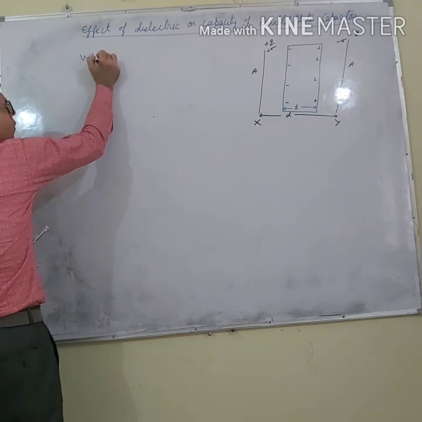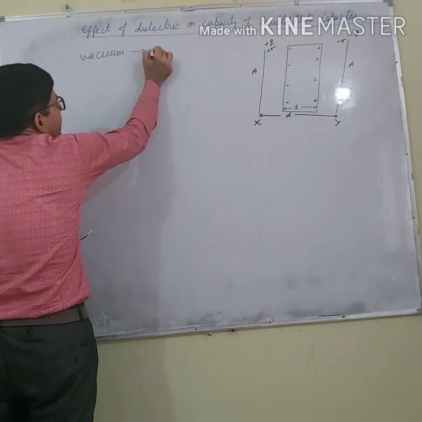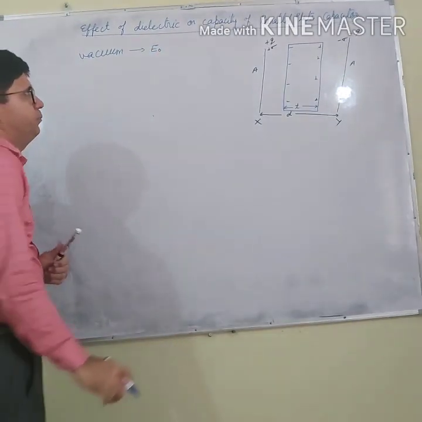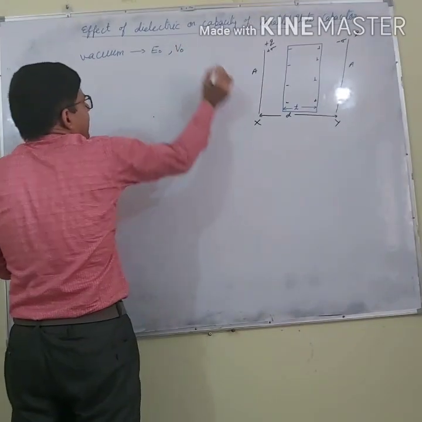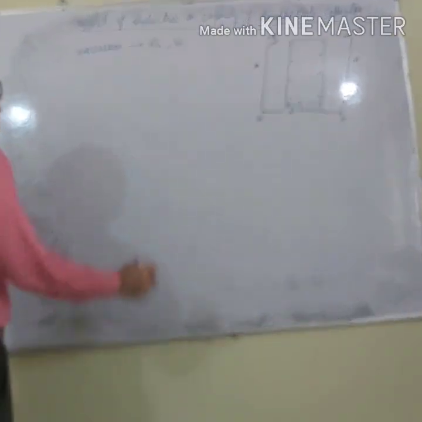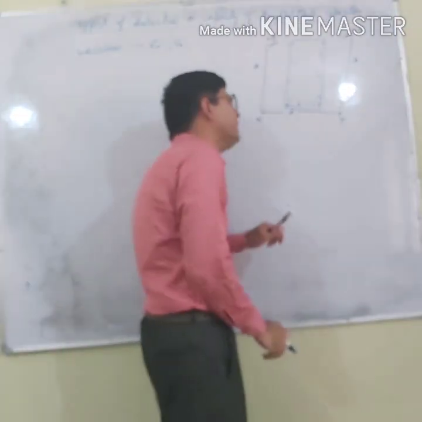So let us say for vacuum, the electric field is E naught. Potential is V naught. And what is the thickness of this region?